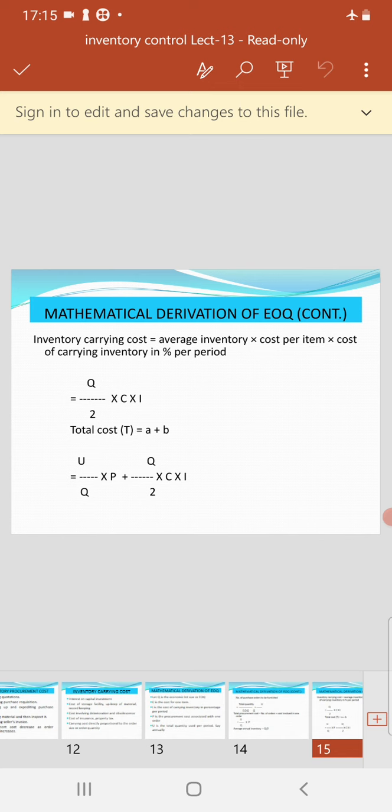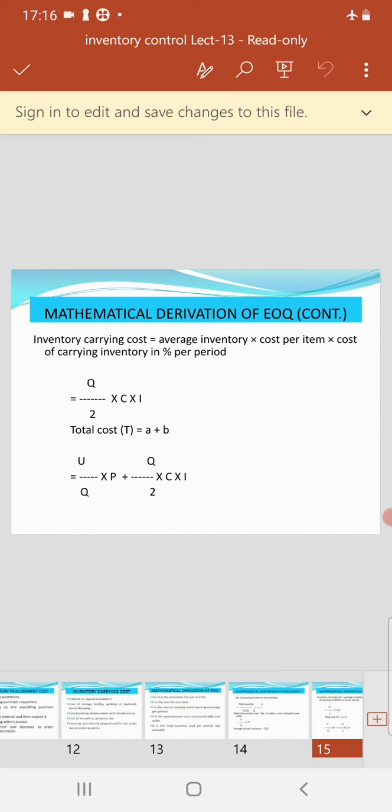So if average inventory is Q by 2 and I is the cost of carrying inventory in percentage per period and C is the cost of the item, then the total inventory carrying cost is Q by 2 into C into I, and total cost is equal to ordering cost plus inventory carrying cost. So this is equal to U by Q into P plus Q by 2 into C into I.